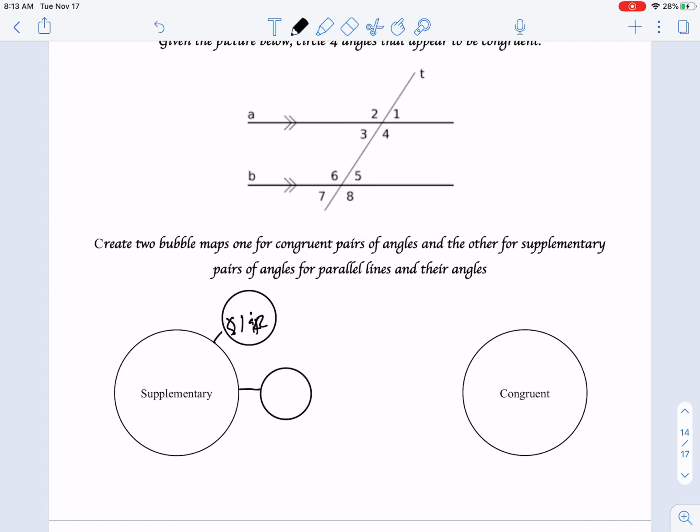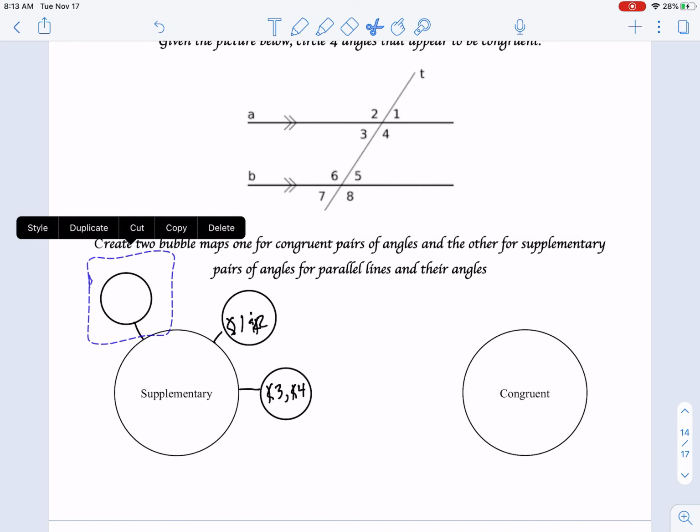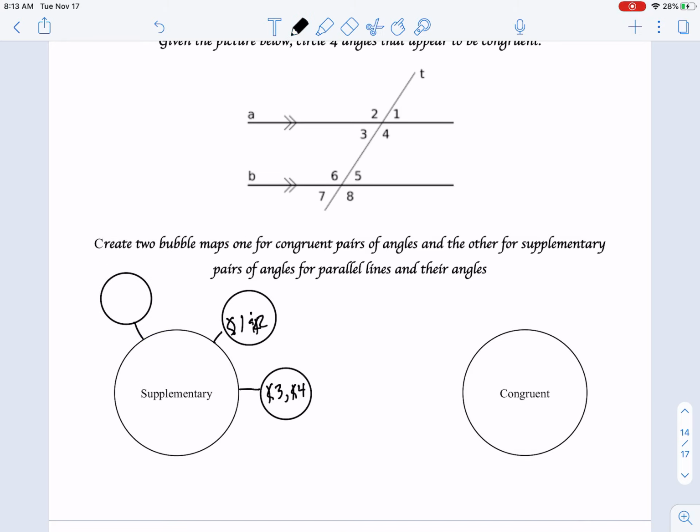Another pair could be angle 3, angle 4, again, acute, obtuse. So they don't have to necessarily be right by each other either, right? So I'm just trying to look for angles that aren't the same size. So angle 4, that's my obtuse angle, and then angle 7, because that's my acute.